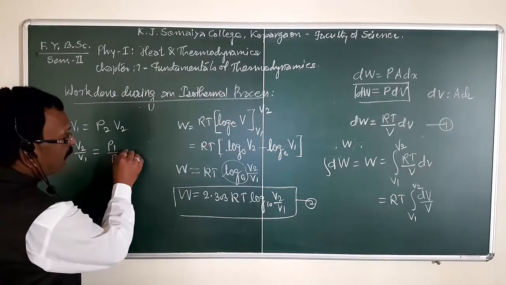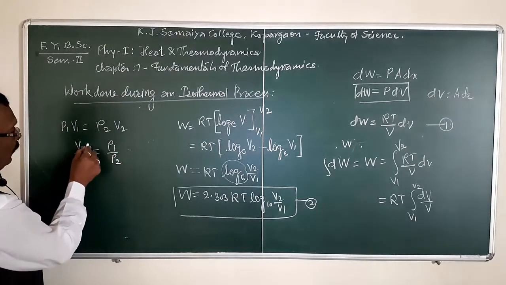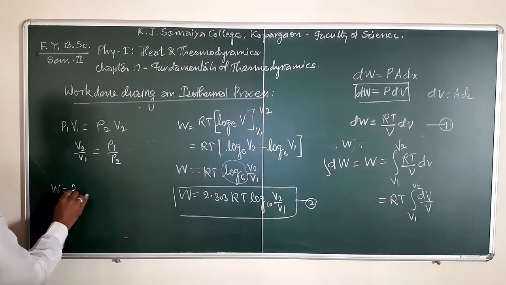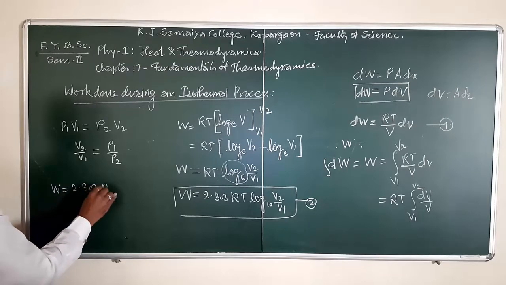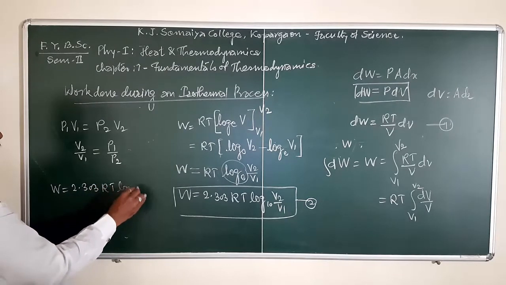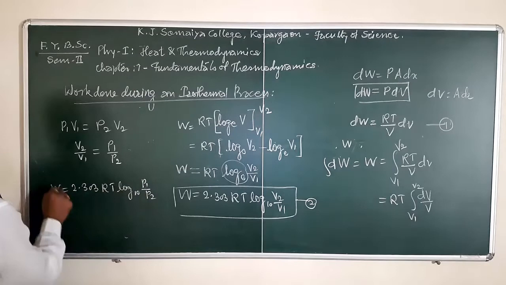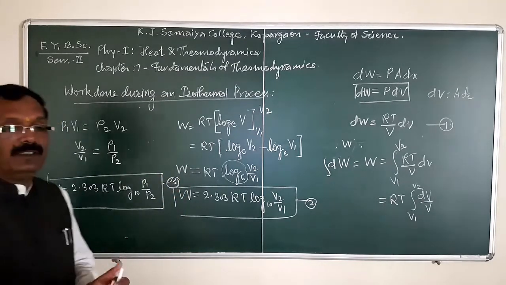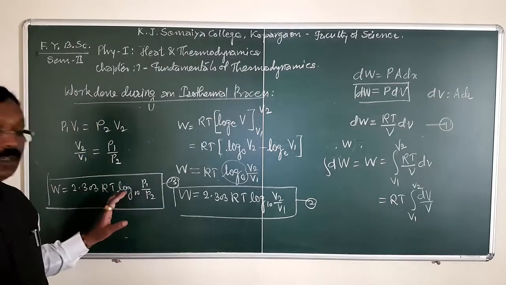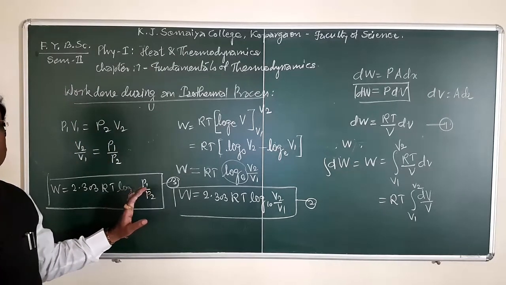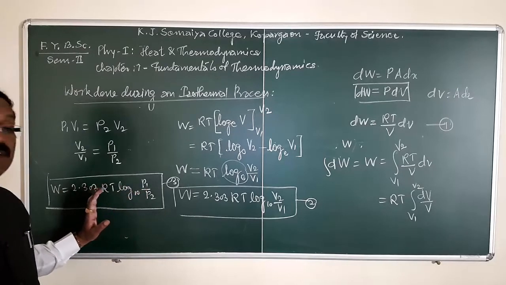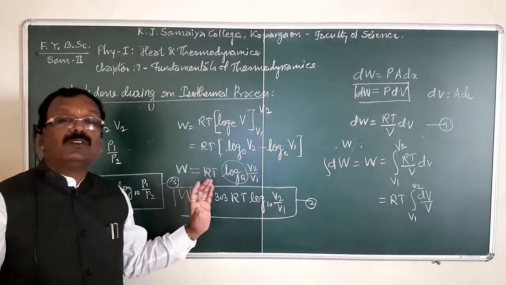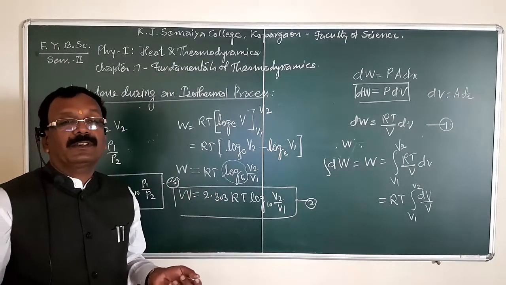Now substituting this value of V2 upon V1 in this equation, we have this equation, which also gives the work done for 1 mole of a perfect gas when its pressure changes from P1 to P2 at constant temperature T.